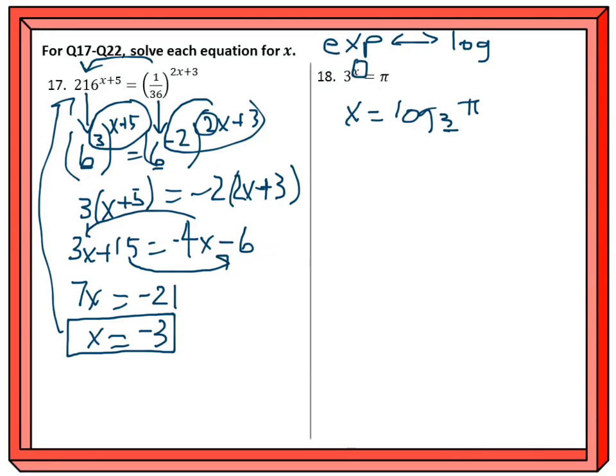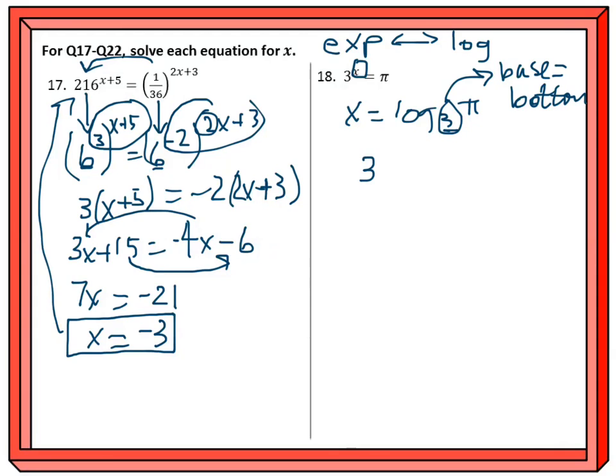So another way to work this, if you don't remember the change of base formula, because some people got this mixed up, they had the wrong thing on the bottom. So it's always base goes on the bottom.